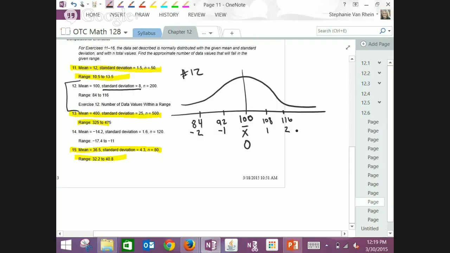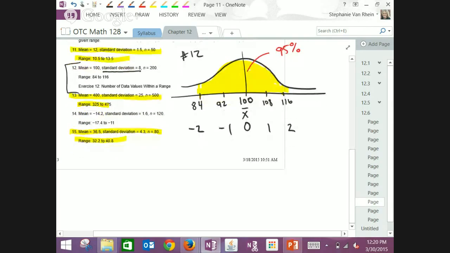You guys see that? I'm going to go ahead and put this down on this line here. -2, -1, 1, 2. I want to know what percent of my data falls within this range, right? I know by the empirical rule that percent is 95% of my data.